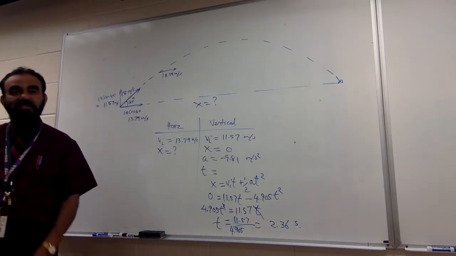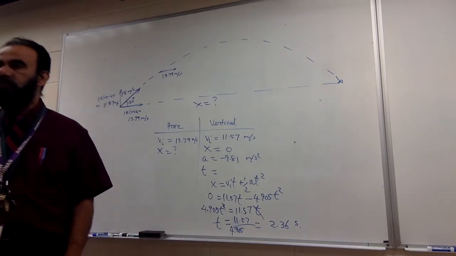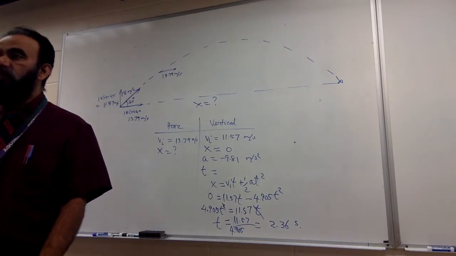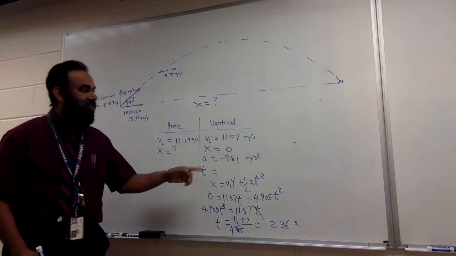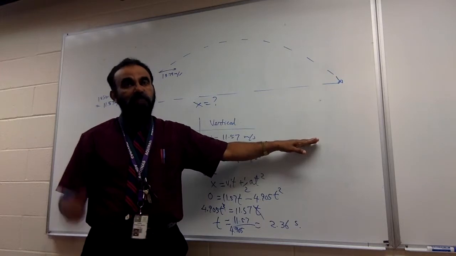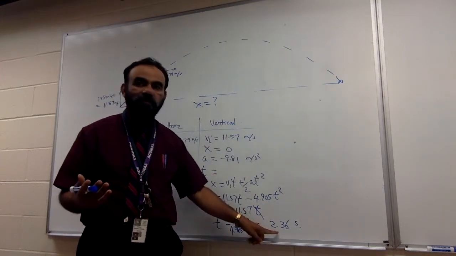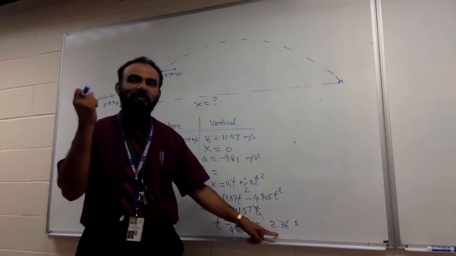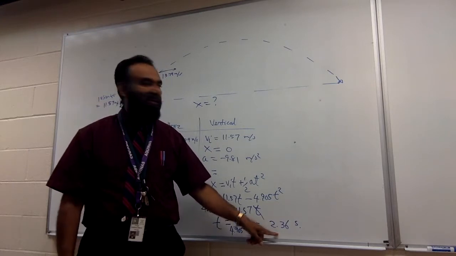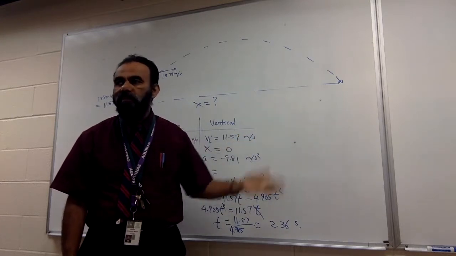But 2.36 seconds is a lot of time. What if the receiver is running when he catches it? He has to run. As I said, the receiver is not going to be here. The receiver is somewhere else. Now, the kind of mistake the quarterback can make is tossing something up and giving the ball 2.36 seconds to land. And if the receiver is running at even Usain Bolt speed, he won't reach there.